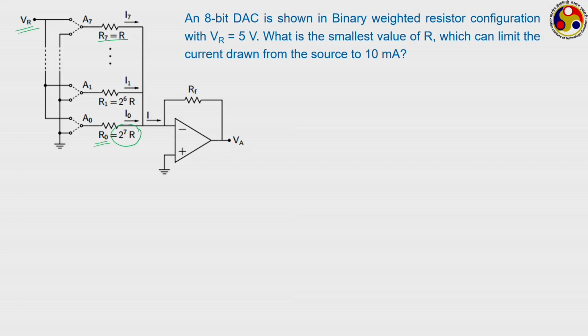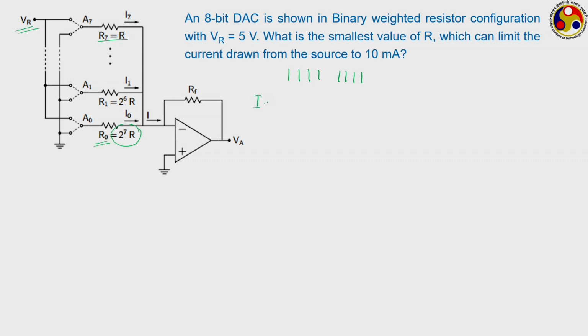Now, how can he proceed? The maximum value of the current, how can he select this? This is an 8-bit DAC. So, what is the maximum binary input that it can have? The maximum will be the one when all the 8 bits have 1 in them. So, this is the largest possible input that it can have. So, how much is the current corresponding to this?